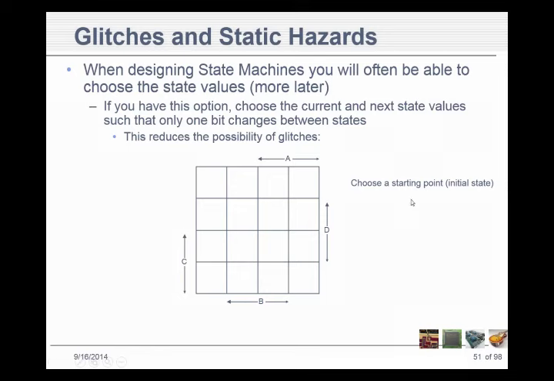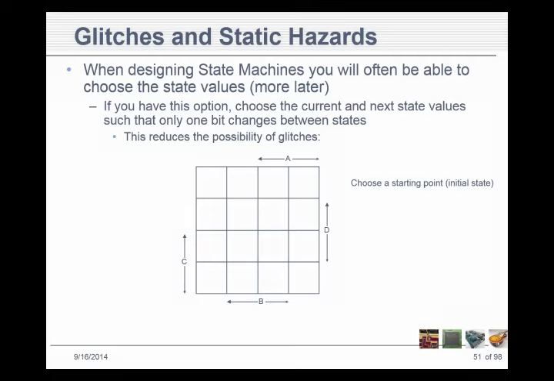Okay, so now, how can we design state machines? I might ask you to design a state machine that won't have any glitches or hazards in there, okay? And one of the options for that is, now we'll find out, I see we haven't even gotten to the state machines yet, but when we get to the state machines, we're going to find out we can choose whatever we want for our state to be.